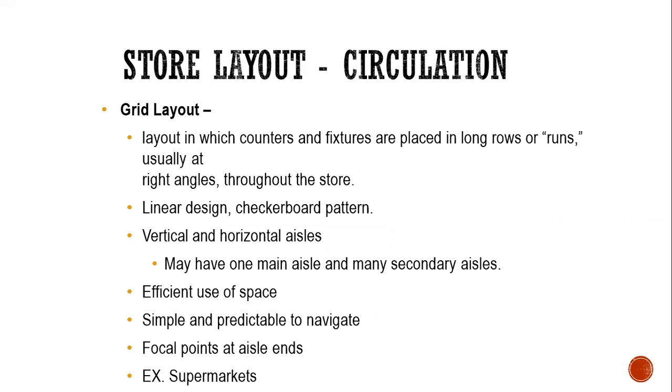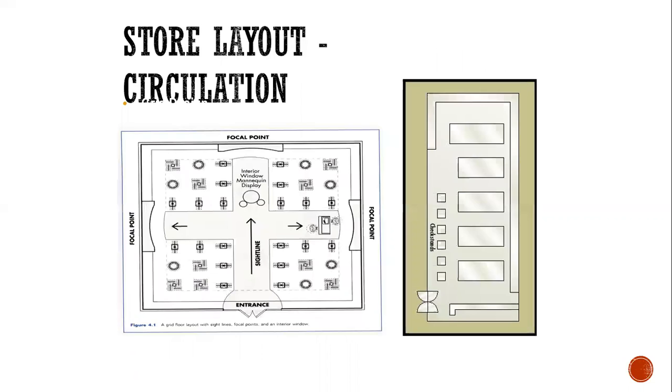It is simple and predictable to navigate, with focal points at aisle ends. Once the aisle ends, or you take a turn, you will find the focal points. For example, all supermarkets follow the grid layout. This is the design, and you can draw it with an explanation if it is asked in the examination.